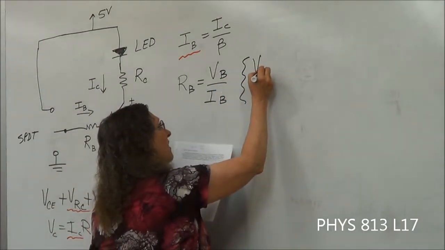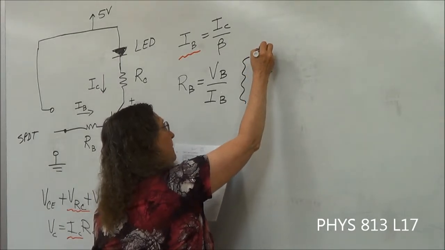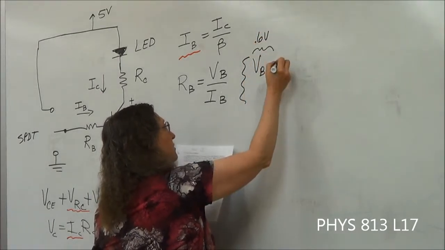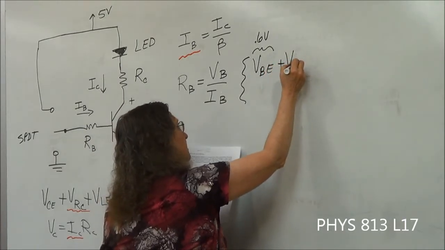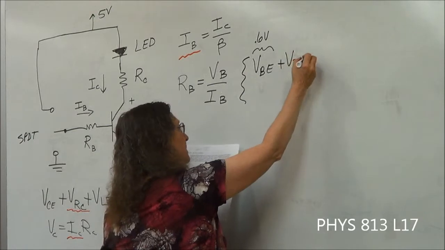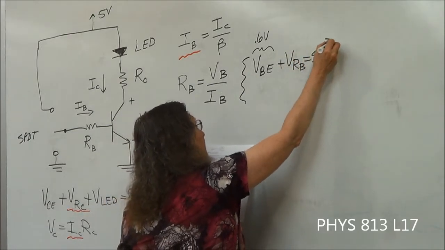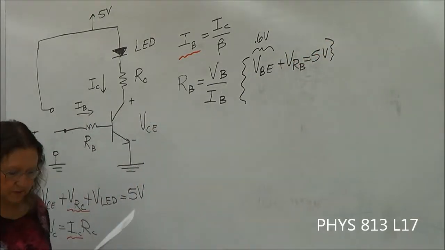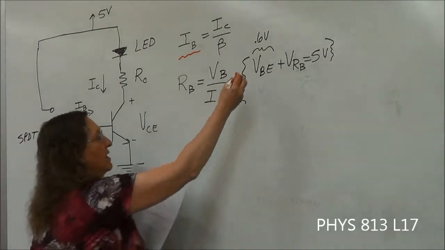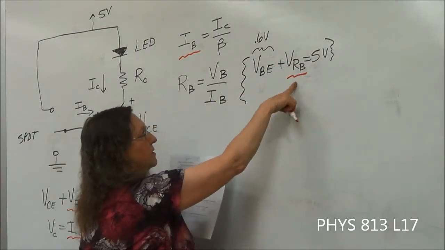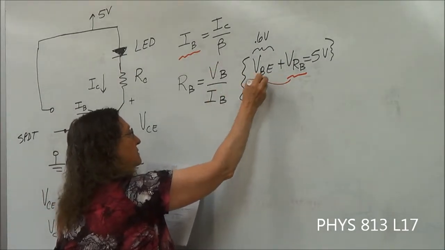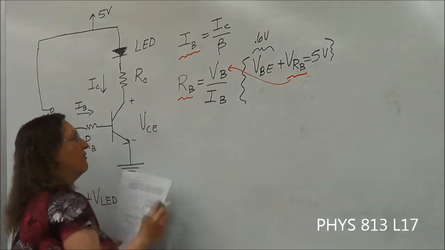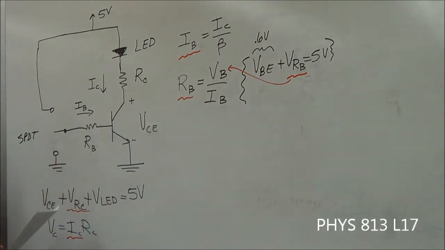So the base emitter is about 0.6 volts, plus the voltage across the base resistor has to be 5 volts. So you will end up solving for the voltage across the base resistor. That goes in here, and then you solve for the base resistor here.